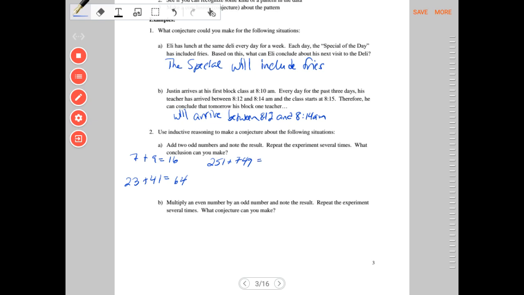Okay, that should make 1,000. And we'll do one more. Remember, for it to be an odd number, just the last digit has to be odd. So something like 6, 4, and 3. I'll make that 1643.